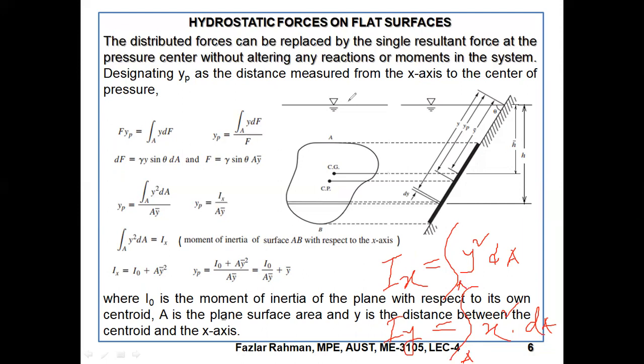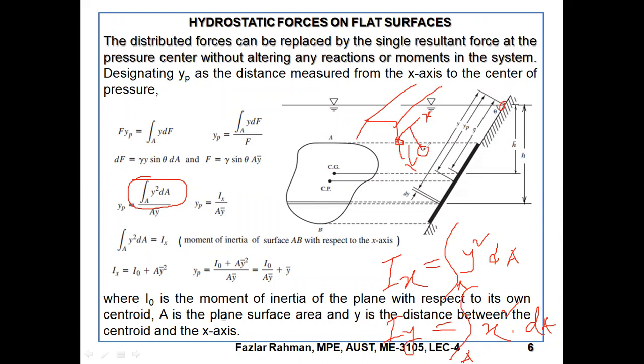Okay. So you see this term, I can say this is Ix. Right over here the x-axis is going, this is my top surface, along this direction is y, along the inclined surface this is my x. So along this x-axis, I am getting inertia, y square into dA. Right over here is my area.